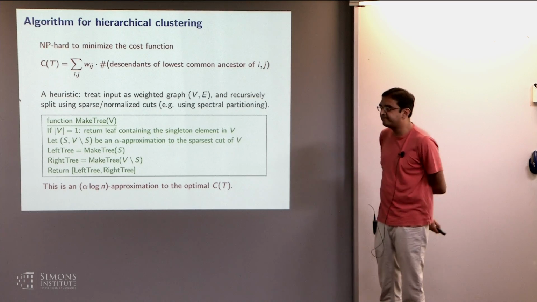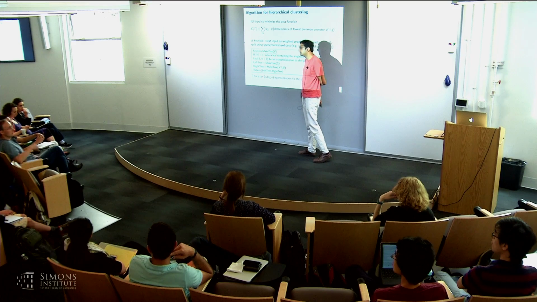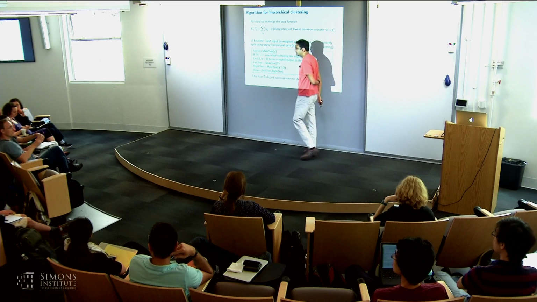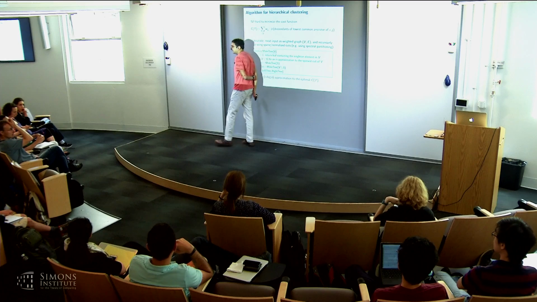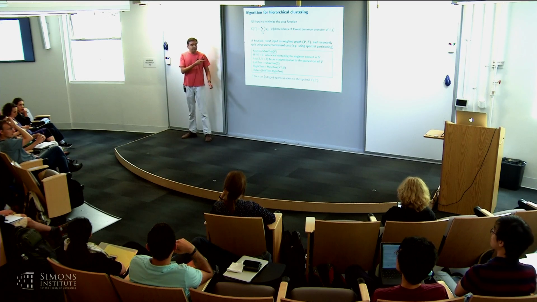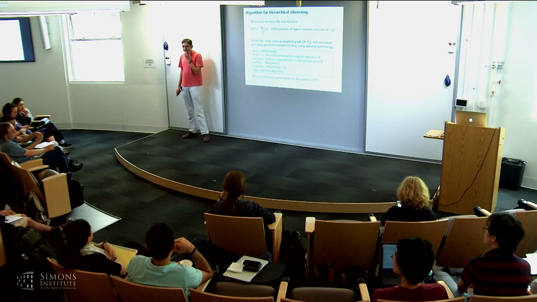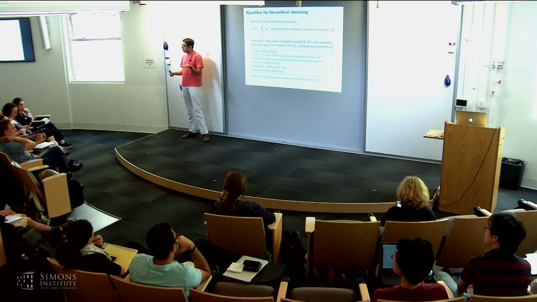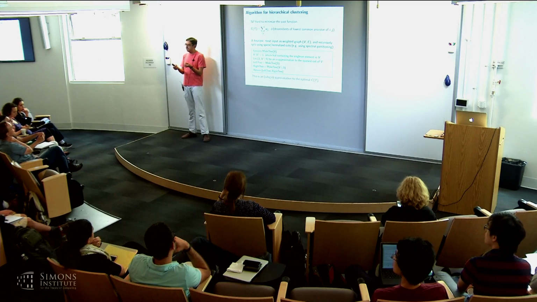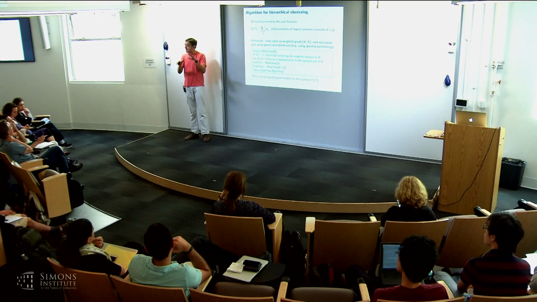Why does this create balance? The algorithm tends to create log n depth trees, right? I don't understand why this rule does it. Right, so we'll see that in a second, okay? And yeah, so the weird thing over here is that the algorithm that we are using is sparsest cut, where you're looking at the ratio of the number of edges cut divided by the number of nodes on each side.